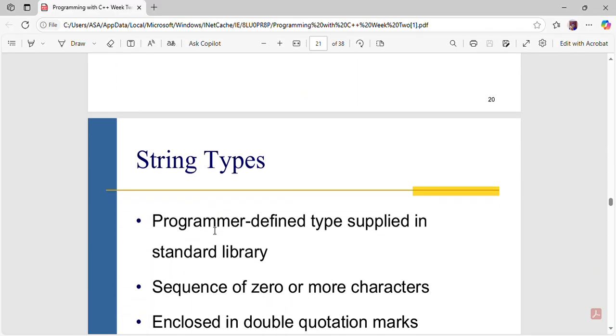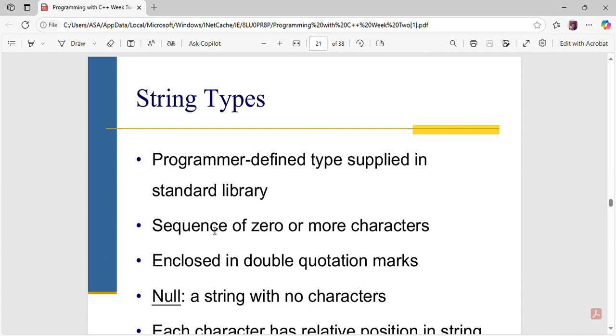And then let's look at some string types. That's basically the combination of numbers, letters, and symbols. So it is a programmer defined type supplied in the standard library. Yes, it is said to be a library because it contains different types, that's the characters, to talk more of the letters, numbers, and symbols. A sequence of 0 or more characters enclosed in double quotation marks.